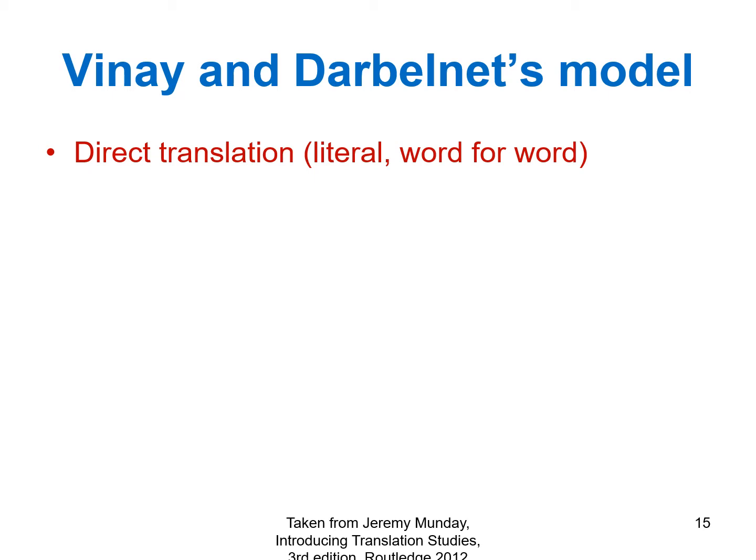Perhaps not as pronounced or as literal as Amparo Hurtado Albir's literal translation that we just reviewed, but it would be a word-for-word translation. We try to translate word for word. We adhere to the source language word order as much as we can.